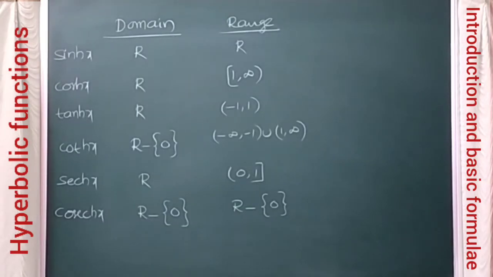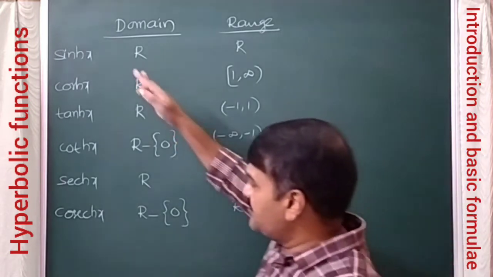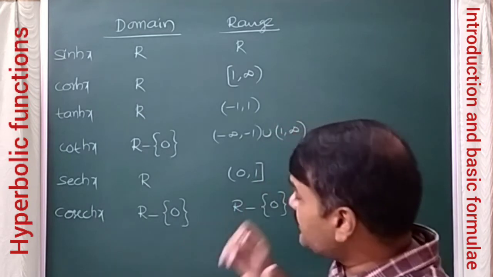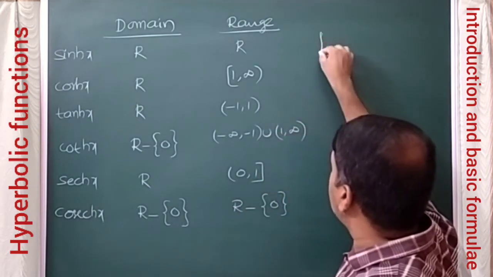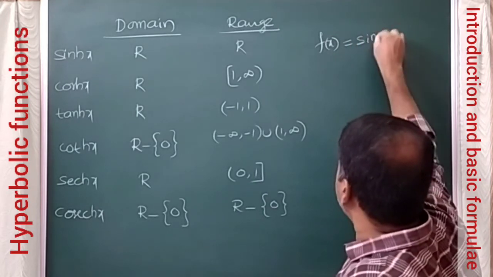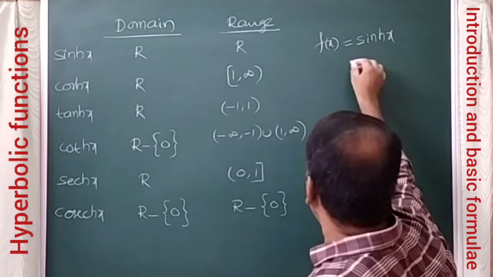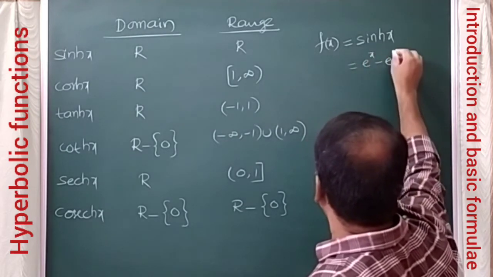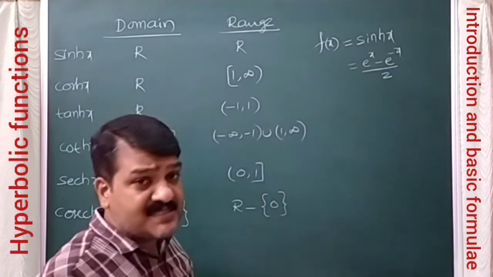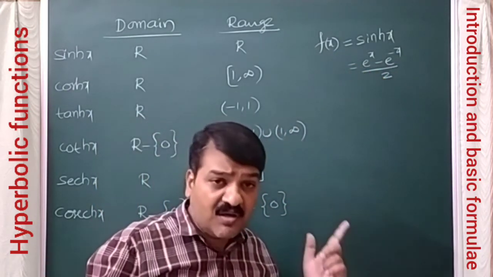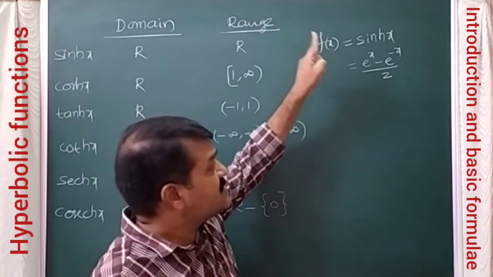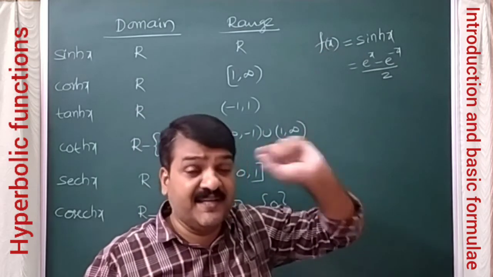Now let us see the domain and range of hyperbolic functions. I'll discuss one by one. First of all, what is domain? If I take f of x is equal to sinh x, that is (e power x minus e power minus x) by 2, domain is the set of all x values, or collection of all x values, such that the function is defined.